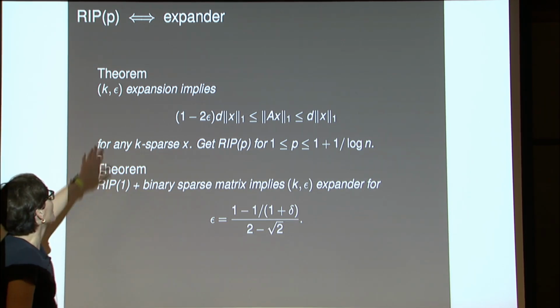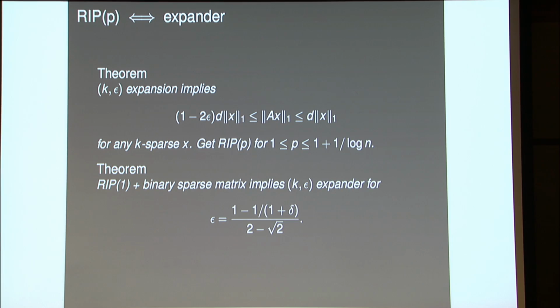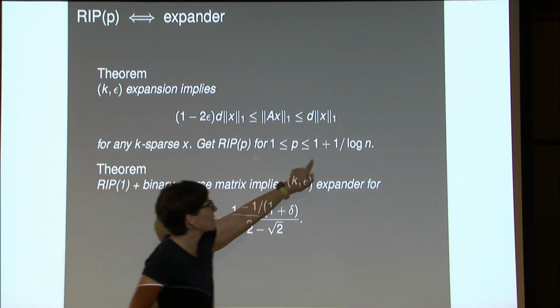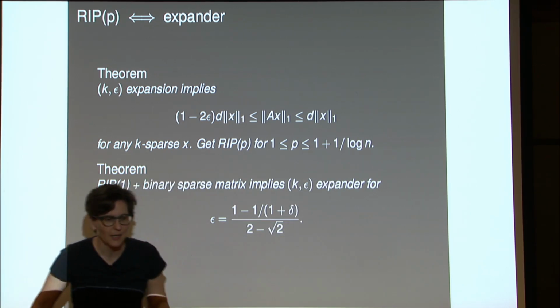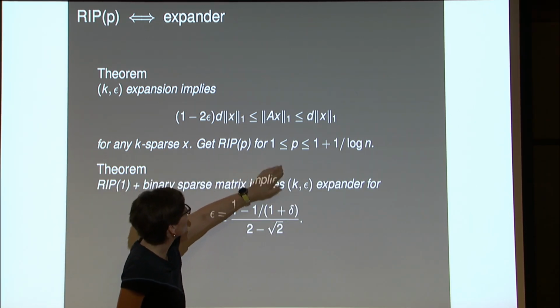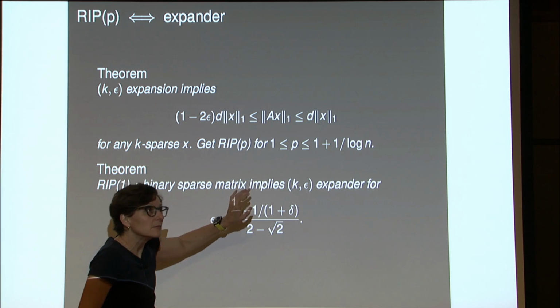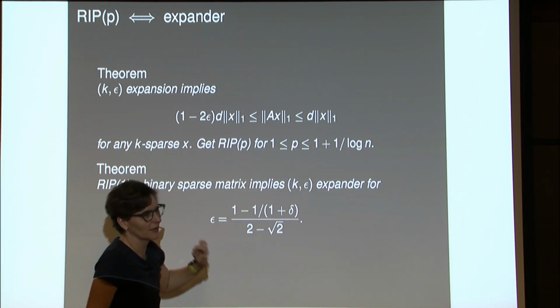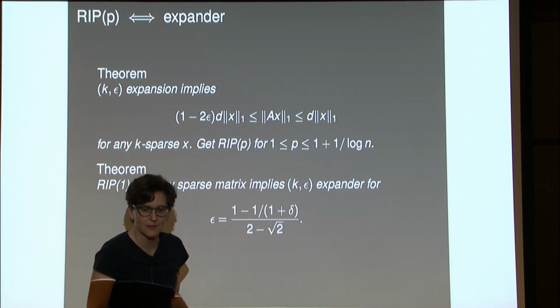And so the theorem is that if you have a k epsilon degree d bipartite expander, then it satisfies an RIP-1 condition. And in fact, you can bump it up a little bit to 1 + 1 over log n. Proving that this is true for p equals 1 is easy. One direction is easy. One direction is not so hard. Not that hard.